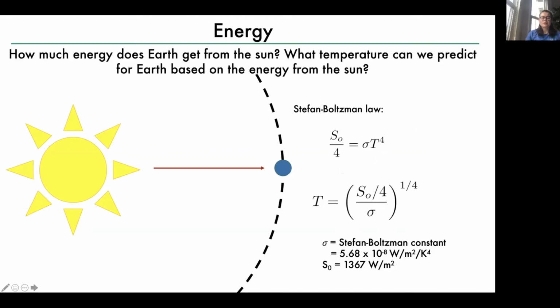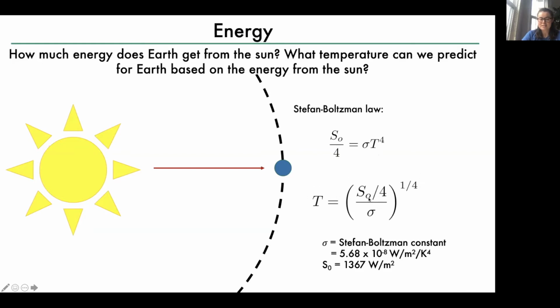So what temperature can we predict for the Earth based on that amount of energy? We can come back to our Stefan-Boltzmann law, and we take S naught over 4 equal to the Stefan-Boltzmann constant times temperature to the 4th. And so now we'll just solve for this temperature. Maybe if you want to, you can pause the video for a second and try to solve this equation here for the temperature of the Earth.